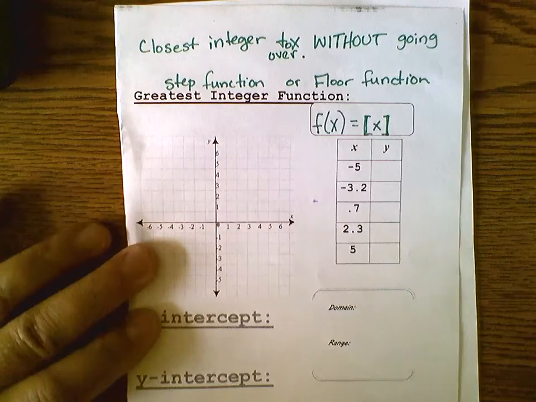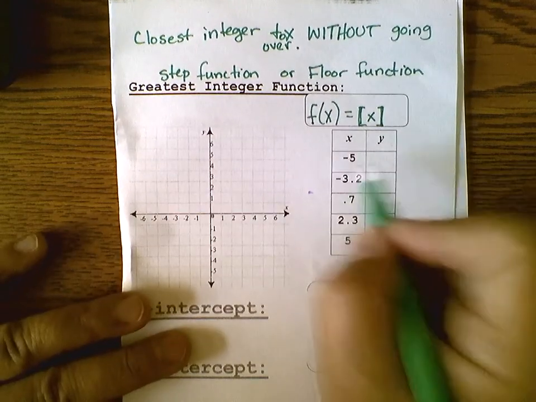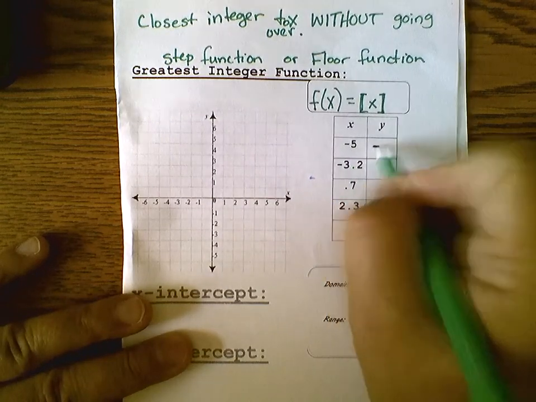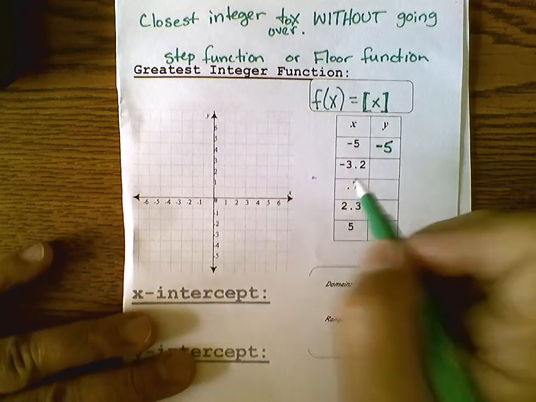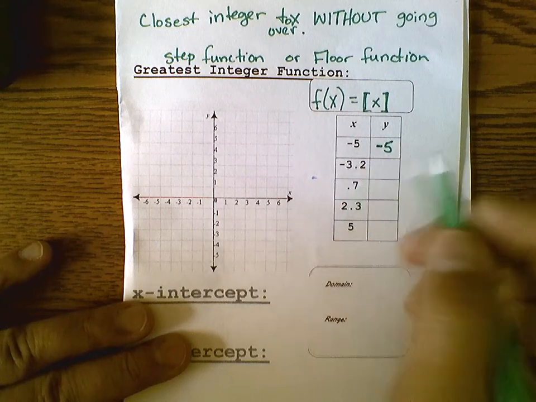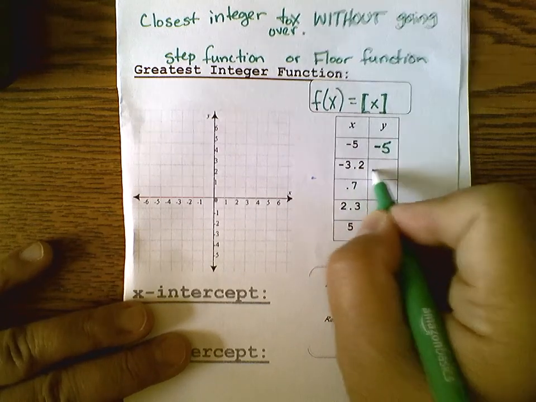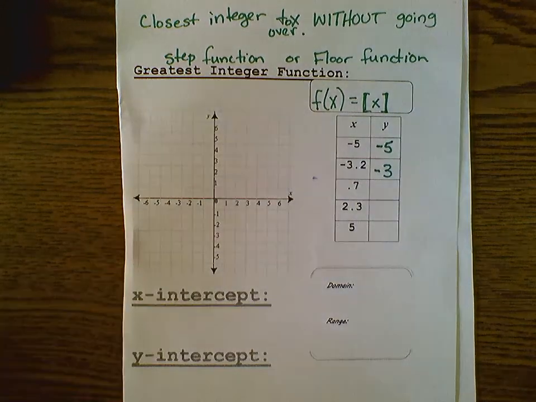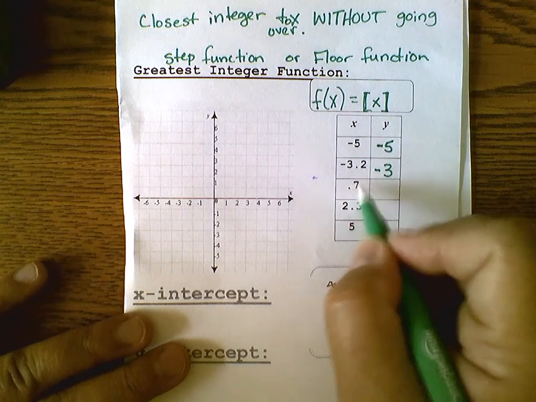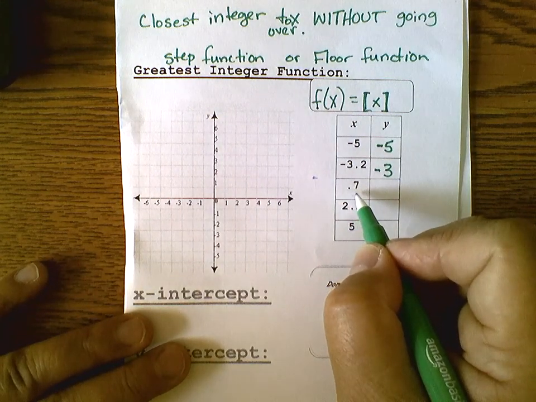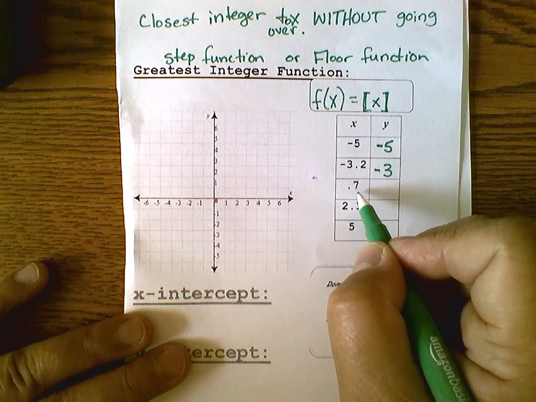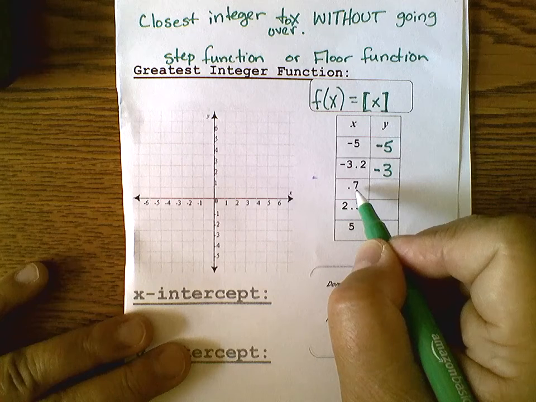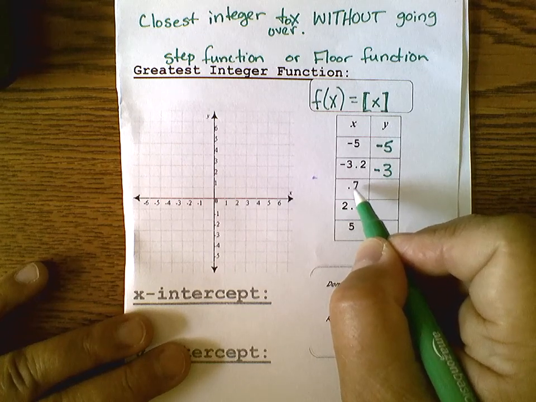Okay? So if I'm looking at my x's here, -5, the closest integer to x is actually -5. The closest integer to -3.2 without going over is -3. Remember, integers are positive and negative whole numbers. The closest integer to 0.7 is going to be 0, because if you round this to 1 correctly, it would be 1, but 1 is over.